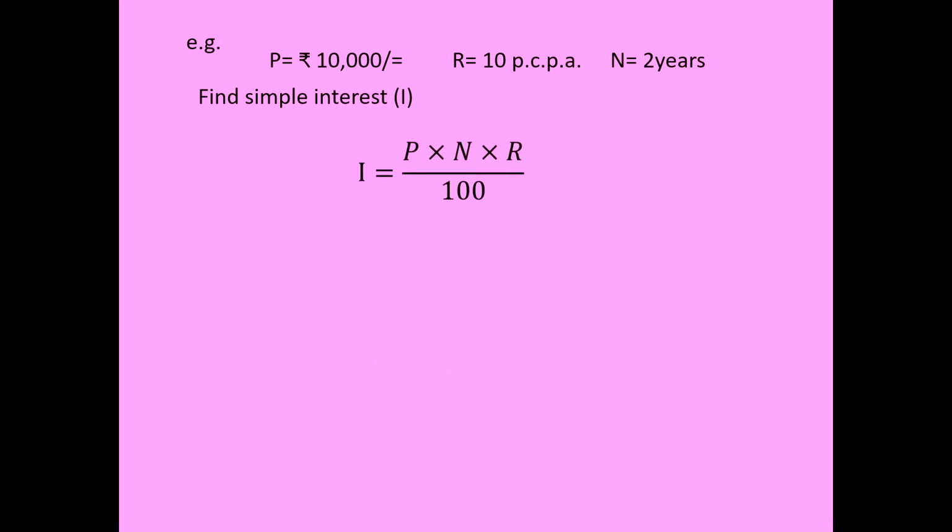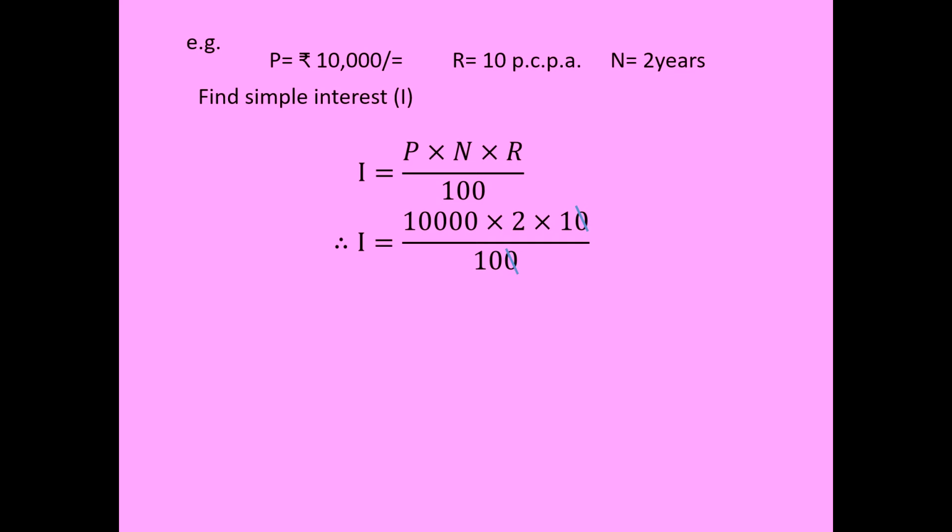Let us take an example here. Principal is given as 10,000, rate of interest is 10 and N is 2, that is, the number of years is 2. So we will calculate simple interest. Formula: I equals P into N into R upon 100. I have substituted. Now do the cancellation.